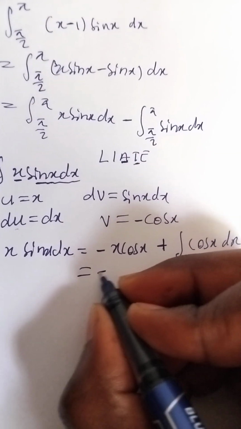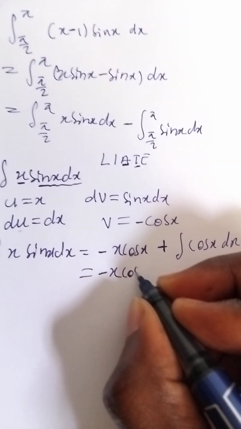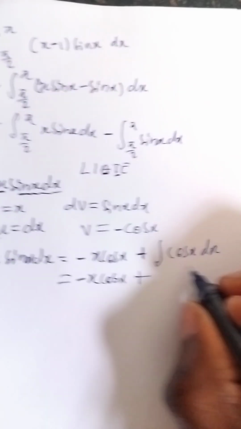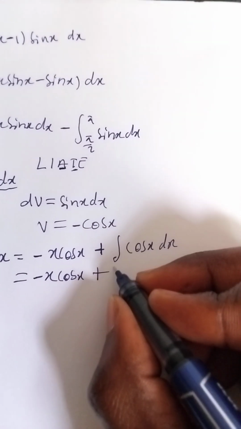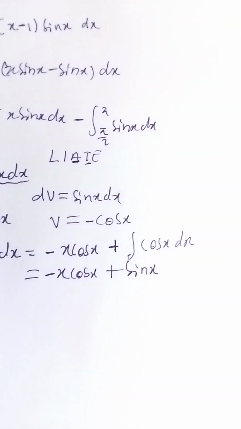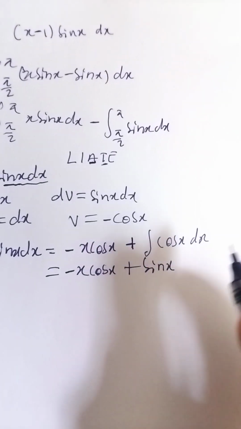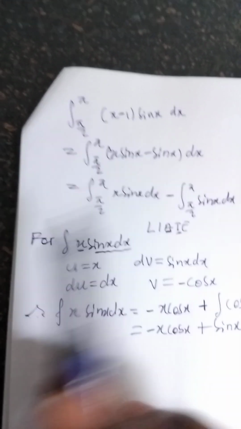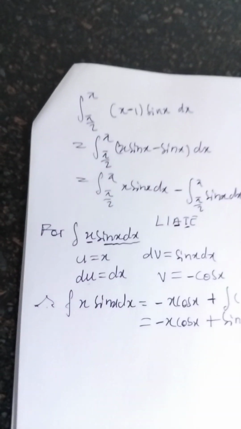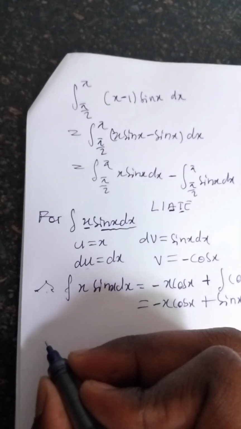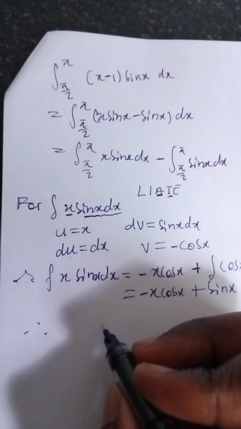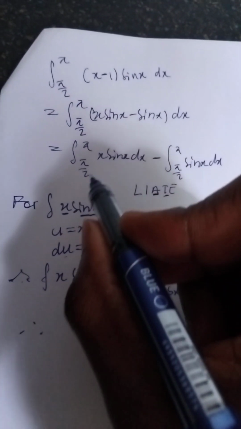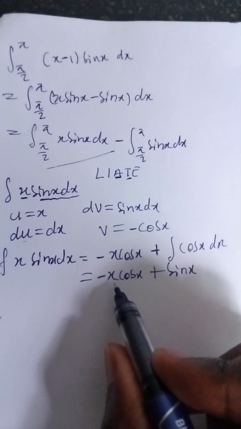So let's quickly integrate that. We have minus x cos x plus the integral of cos x, which is just going to give us sin x. Okay, so don't go and say plus c. Remember, we took this part of the problem to integrate on the side, and it's definite. So therefore, where there was this, we are going to plug that.